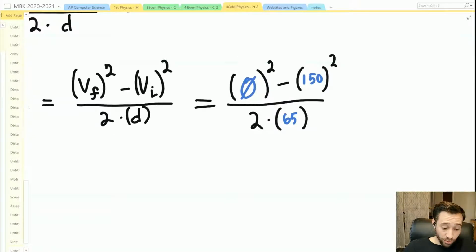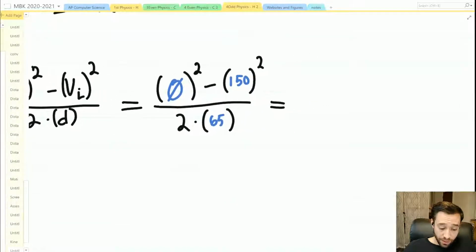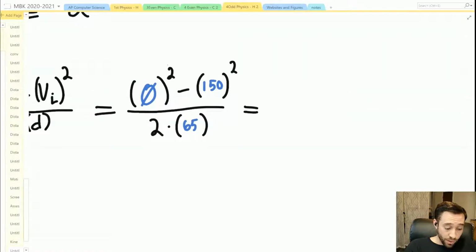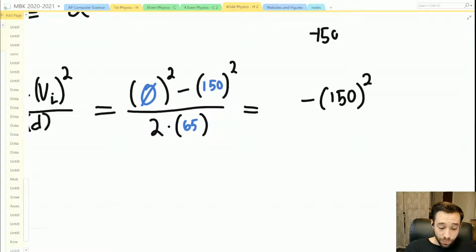So I'm going to write this a little bit cleaner. I'm going to simplify it a little bit. So this part just goes to 0. So I'm going to have negative 150, but make sure that when you're putting this into the calculator, you're not squaring a negative 150 like this.